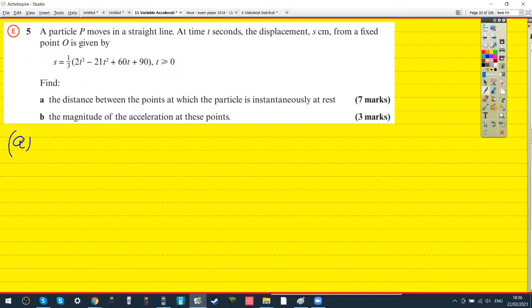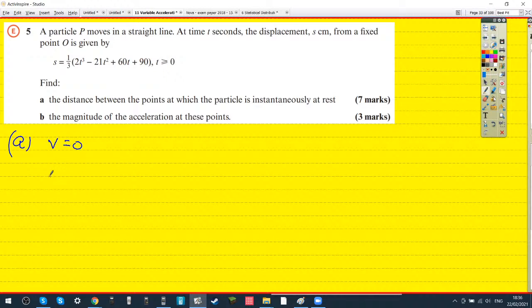No. S is displacement. There's only one more possibility. I differentiate. V is 0. Velocity is 0 if it's at rest. So if v is, so I do 0 and then equals the differentiation. Yeah.